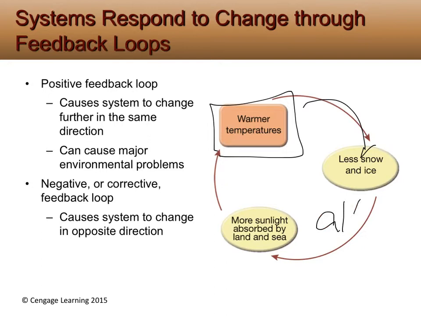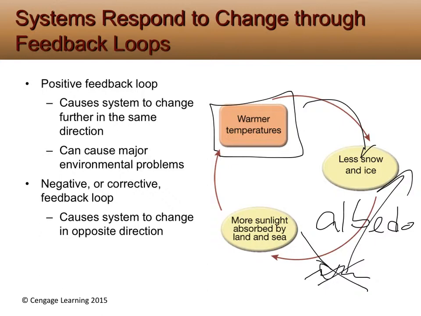We have this thing called the albedo effect, where sunlight on the snow bounces right back into space. If we have less snow, more sunlight is absorbed and stays on the earth. That's a positive feedback loop. We get a warmer climate.